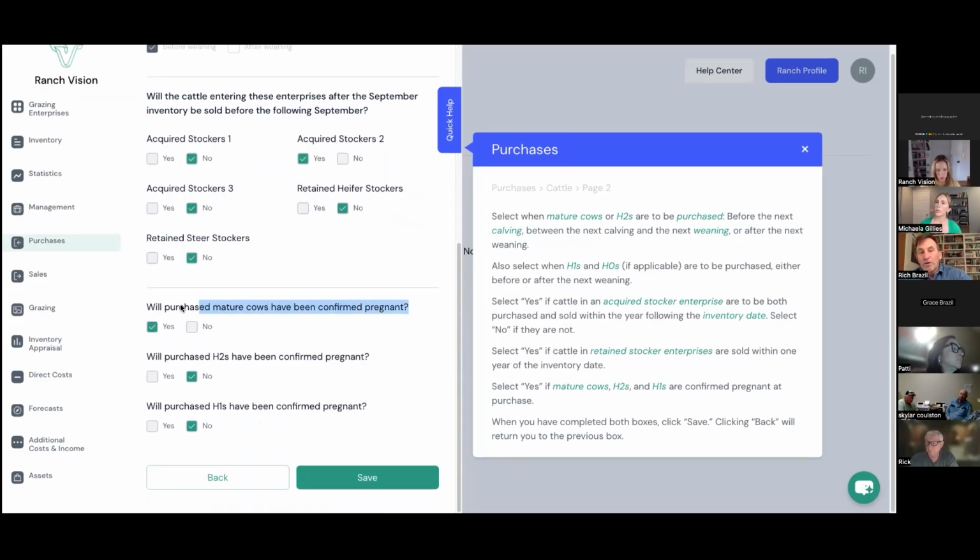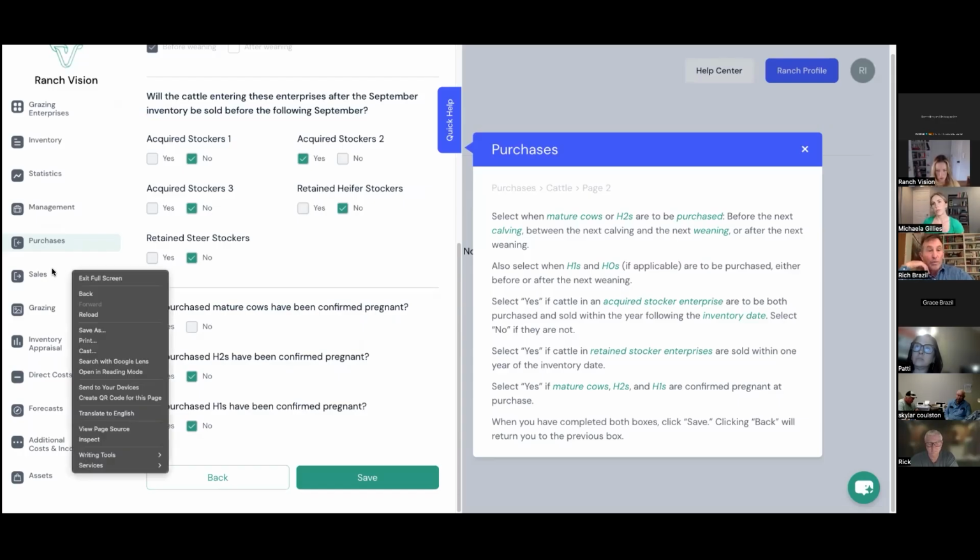And then with regards to purchasing breeding females, are they confirmed pregnant or not? If they're confirmed pregnant, then they're pregnant and they're going to produce a calf. If they're not, then we're assuming that they're going to breed at the same rates as the rest of those breeding females, and they're not assured to be pregnant.